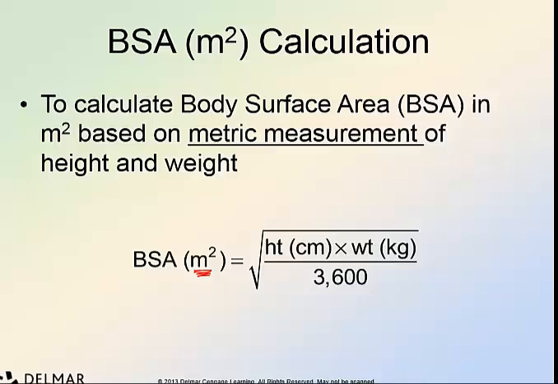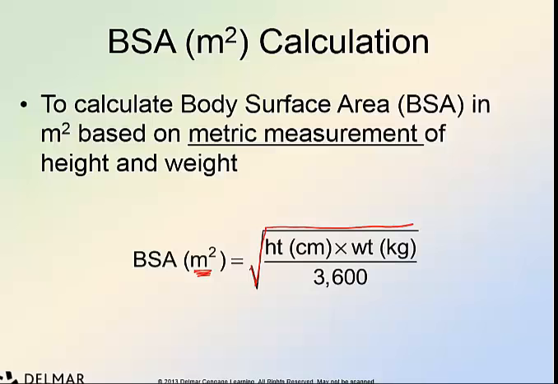So if you get a value that's 3 square meters or 4 square meters, you probably forgot to take the square root. And if you have a value that is near 0, like 0.25 or 0.4, that may be fine if you have a child, but for an adult, you shouldn't have a body surface area that small.